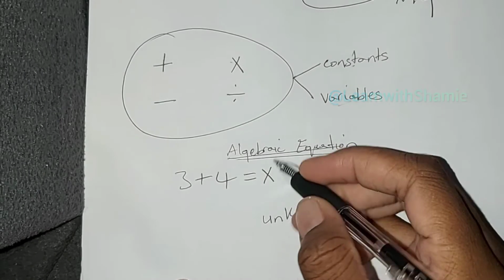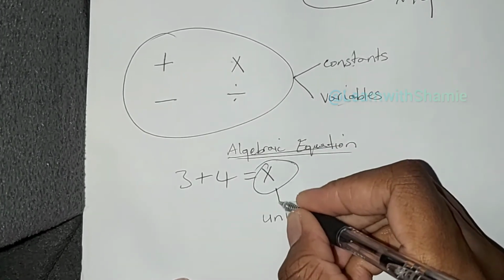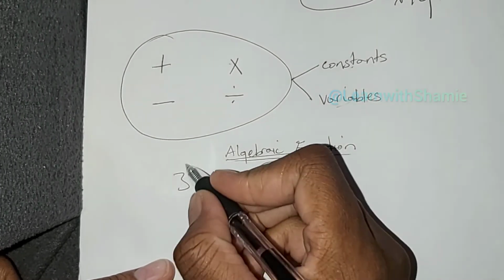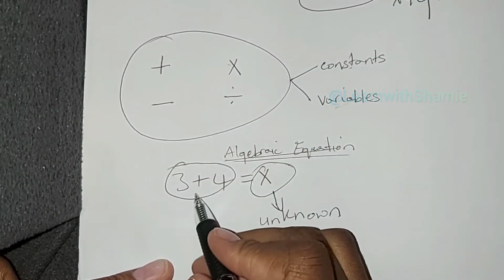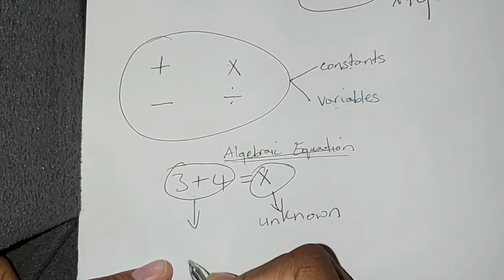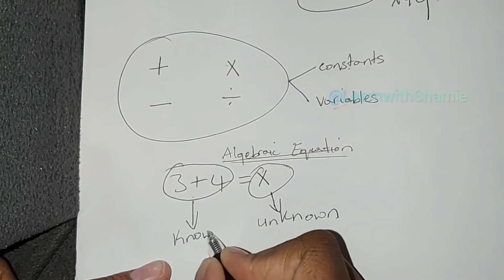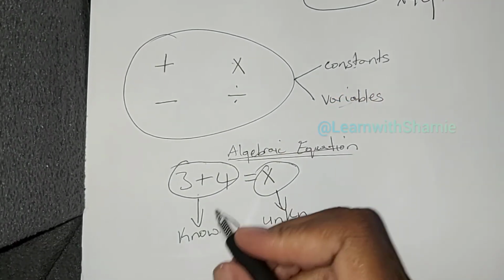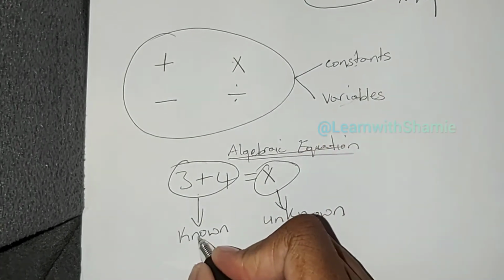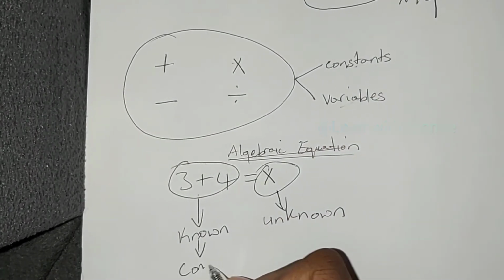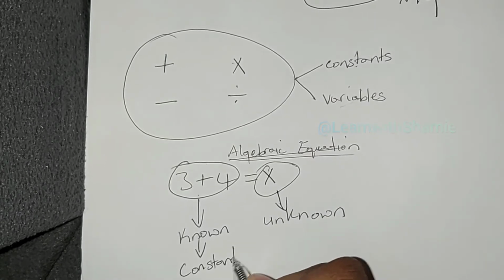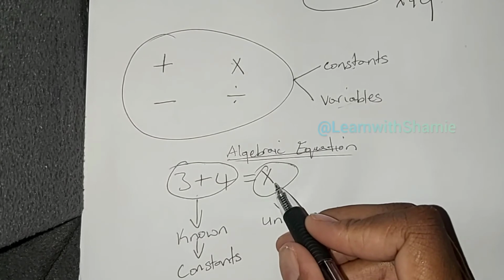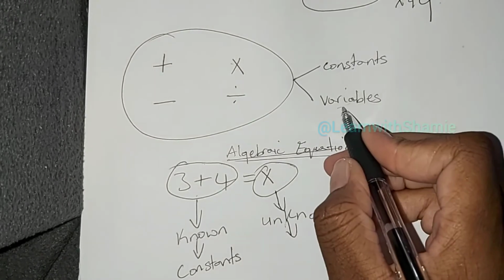So in this equation, x would be the unknown. And to the left of the equal sign we have the known values, which are 3 and 4. The known values are what we refer to as the constants, and we refer to the unknown value, which is represented by an x, as the variable.